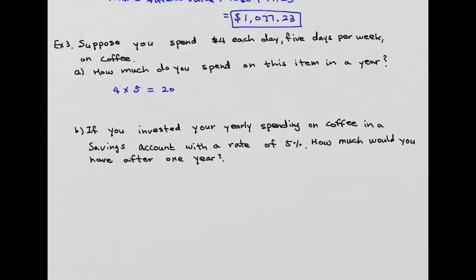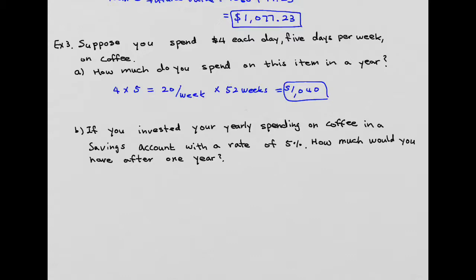That's just going to be per week, right? But then you want to do a year, so you're going to multiply this by 52 weeks. And you end up getting $1,040. So in a year, you're going to spend about $1,040 just on coffee.